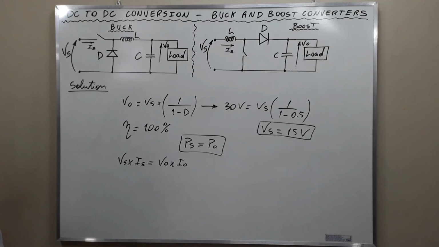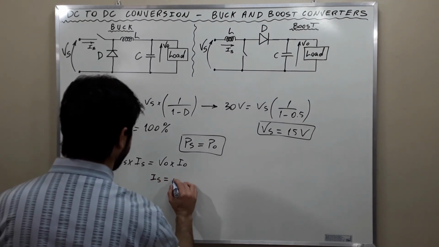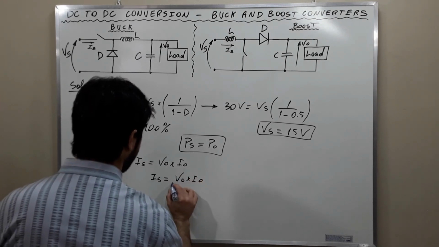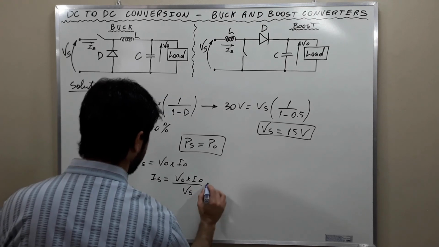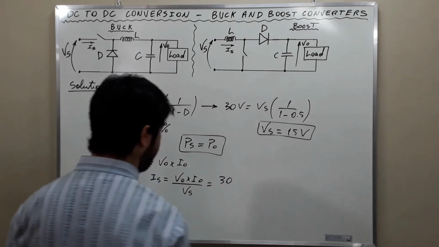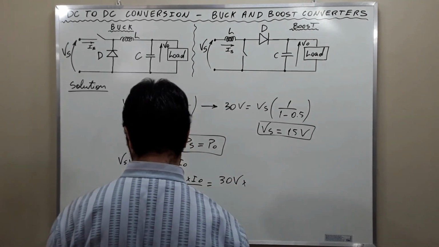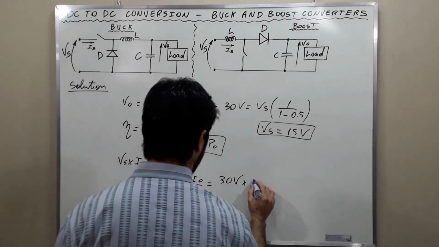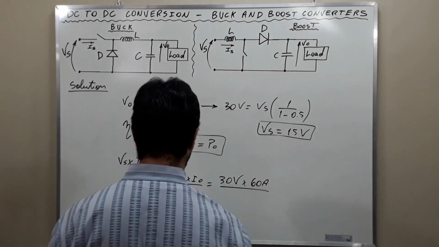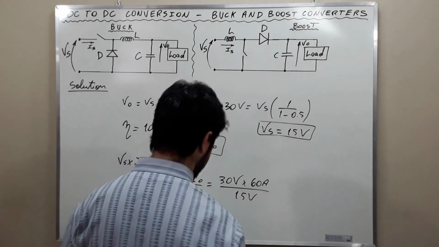The input current is going to be the output voltage 30 volts, the output current 60 amperes, and the input voltage 15 volts.